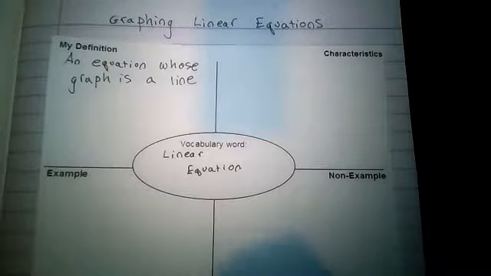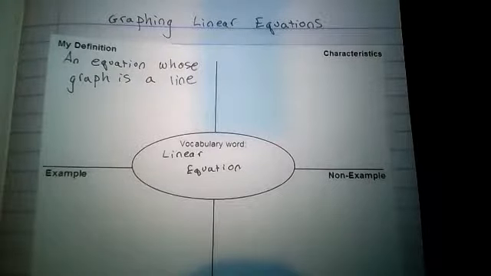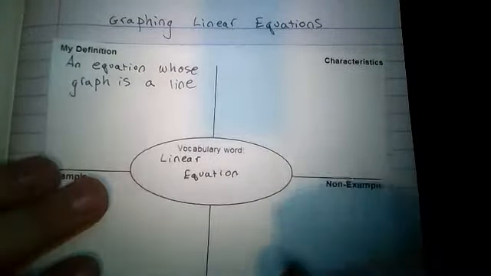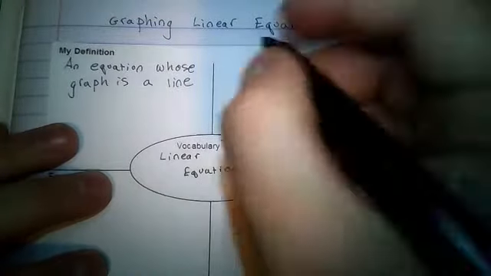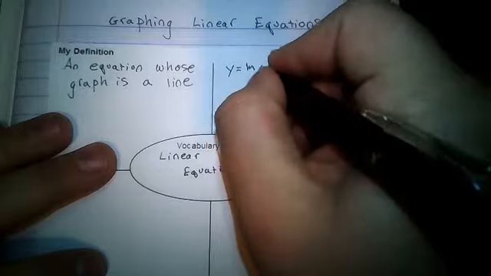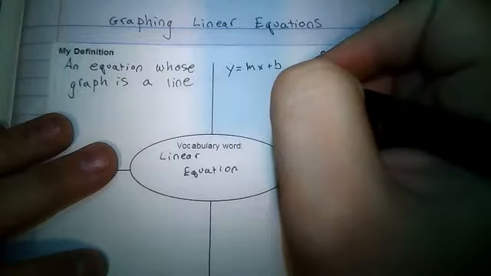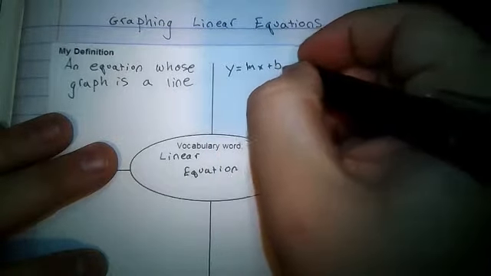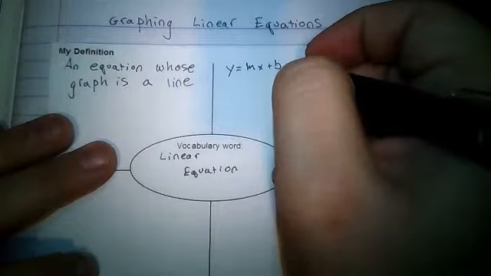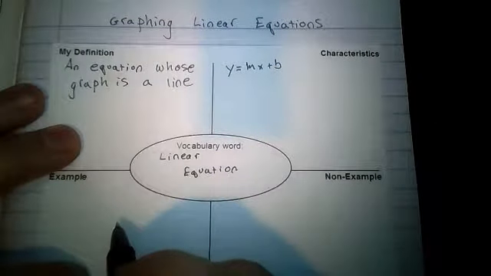So there'll be more features about these kind of equations coming up, but this is just a basic definition. Characteristics. They can come in different forms. One popular one is y equals mx plus b, where m is some number and b is some number. And you'll see that more in the examples.